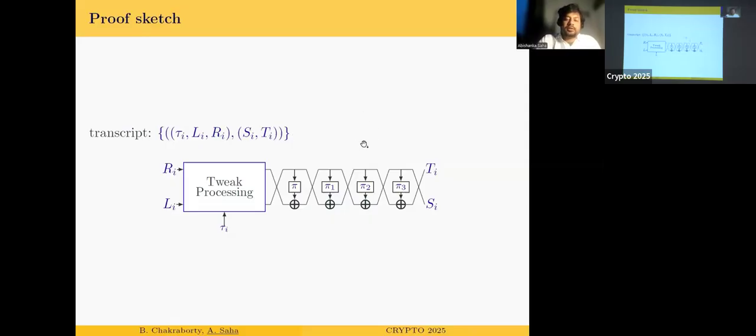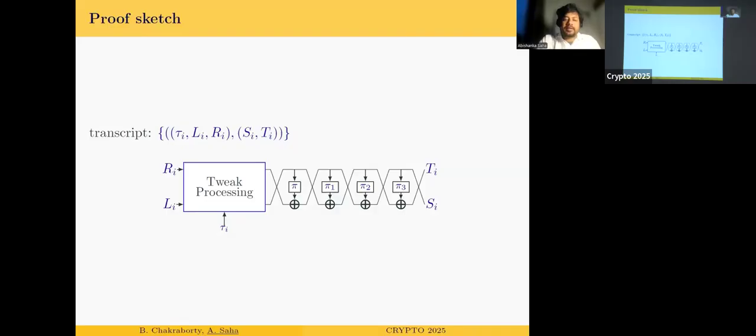We prove this security using the H coefficient technique, where the general strategy is to define some bad transcripts which have very low probability in the ideal world, and we also need to lower bound the ratio of the probability of attaining the transcript in the real world to the probability of attaining the transcript in the ideal world.